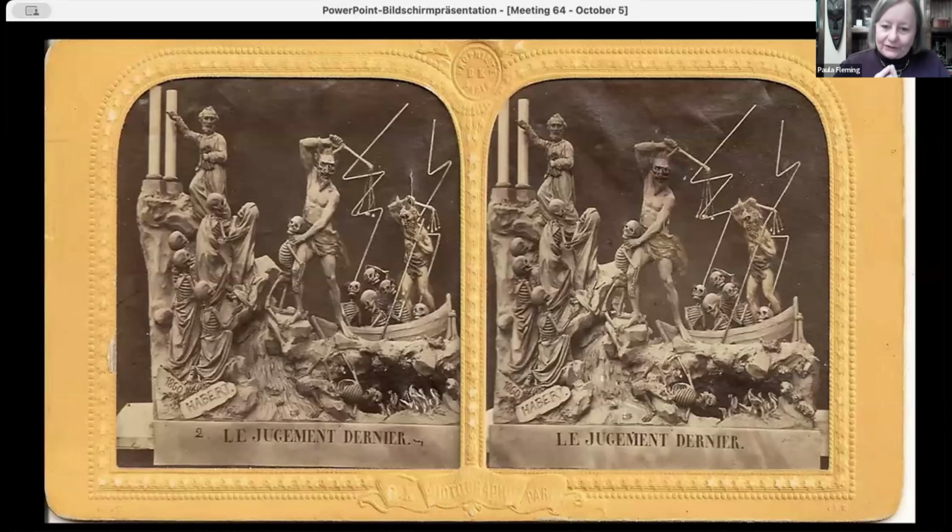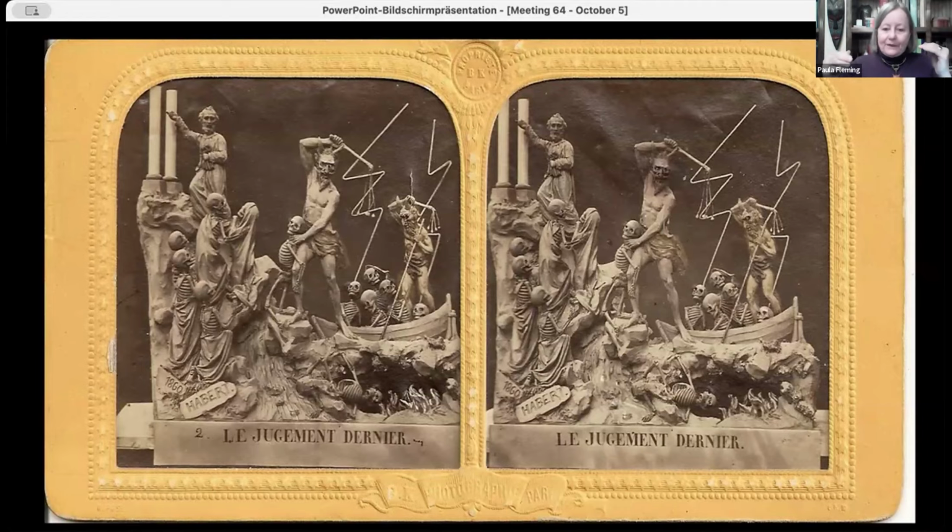Then we get to the Last Judgment, and the souls are being carried, and the final decision is being made. Are you going to go to heaven with St. Peter, or are you going to be cast down in hell? Now, I'd like you to pay attention in this view to the musculature on this figure here and the veils or shrouds of these people going up to heaven.